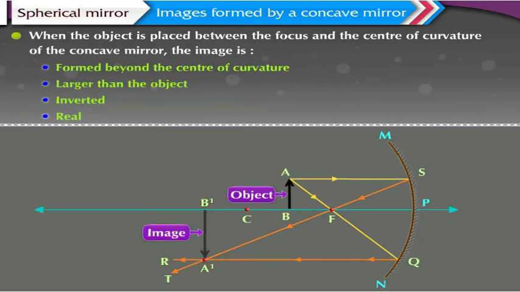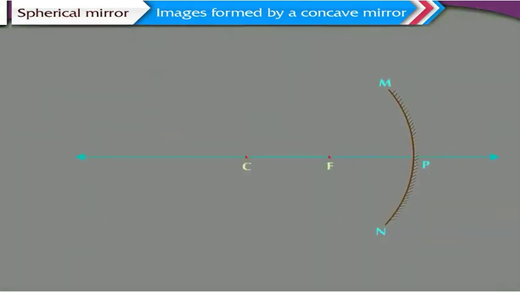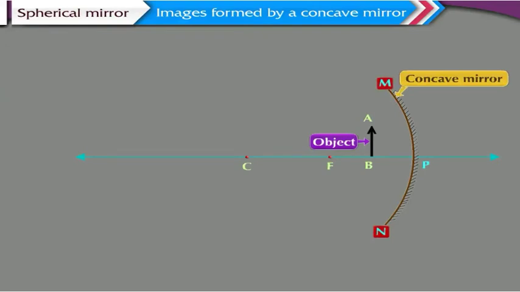Let us try another position of the object and see where the image forms. As shown here, an object AB is placed between the pole and the focus of the concave mirror MN.